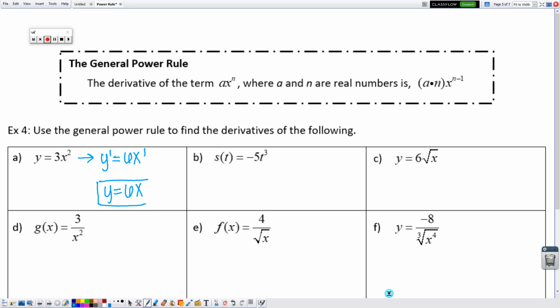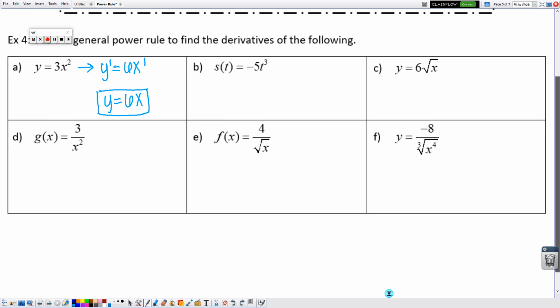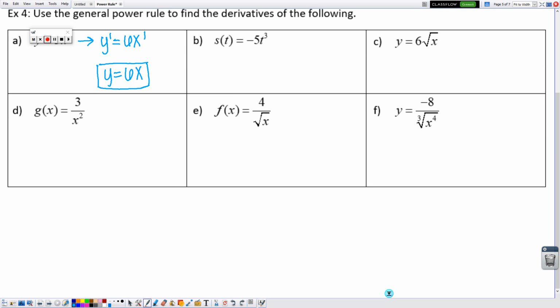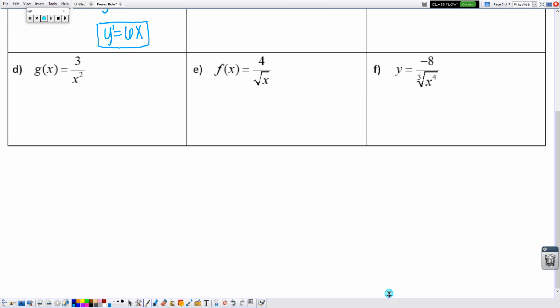So what I want to make sure that everyone is aware, I'm going to go kind of on a side note here, is what it actually means to be y prime is 6x. So if I say the derivative of 3x squared is 6x, what you really have here is it's talking about the slope. It's giving you a general formula to find the slope at any location.